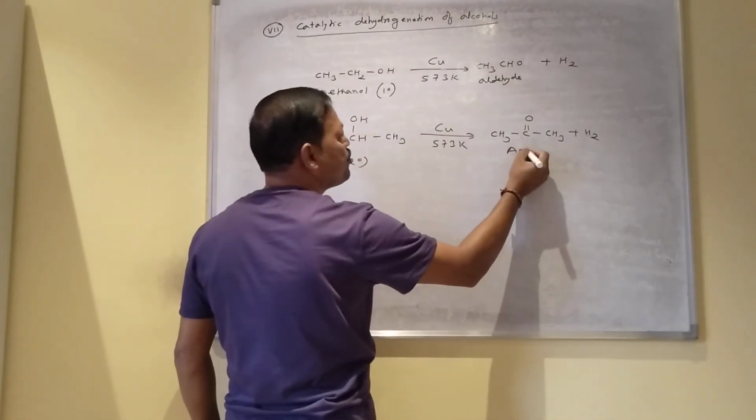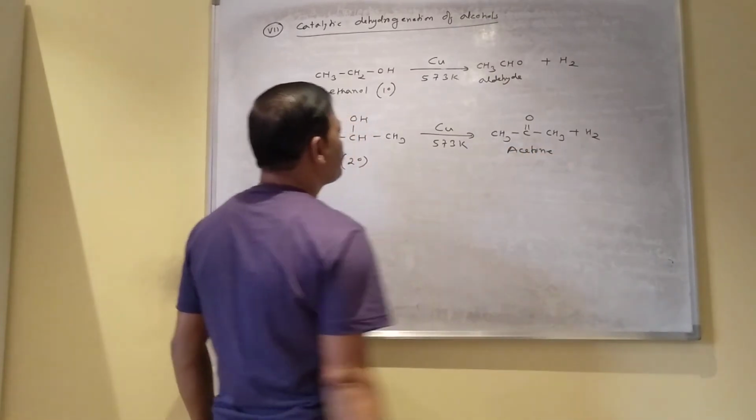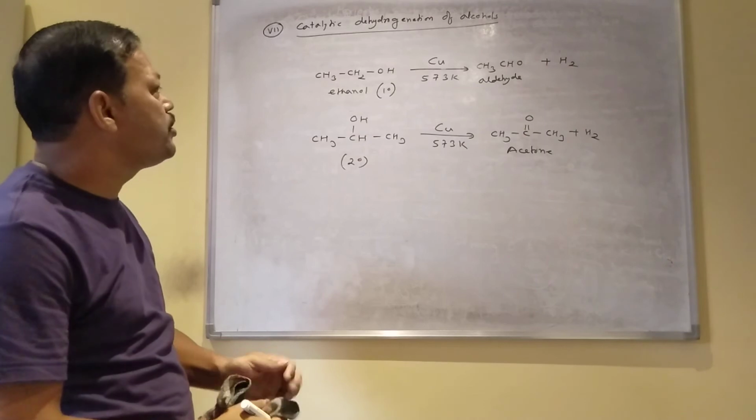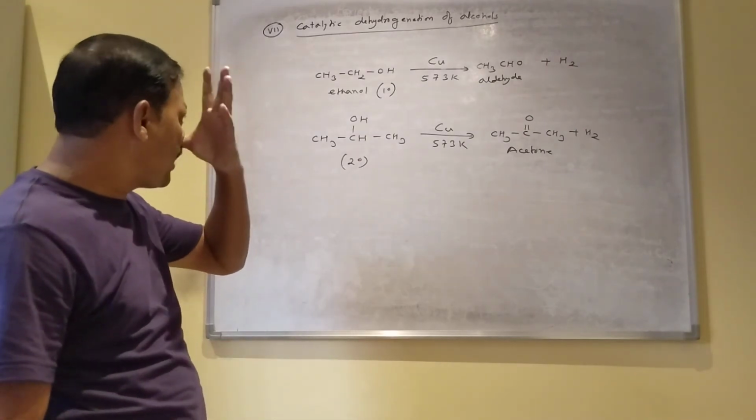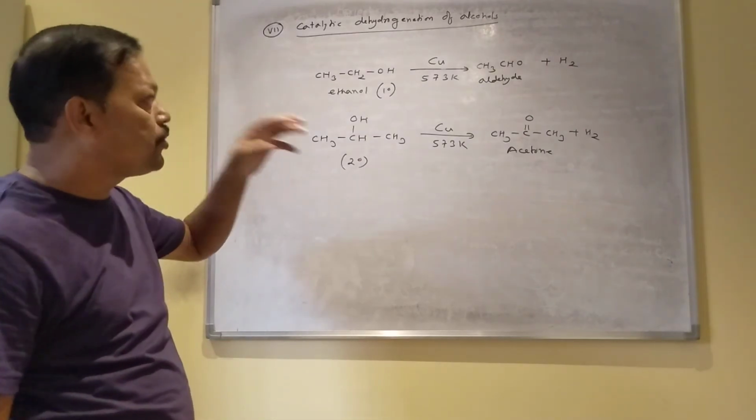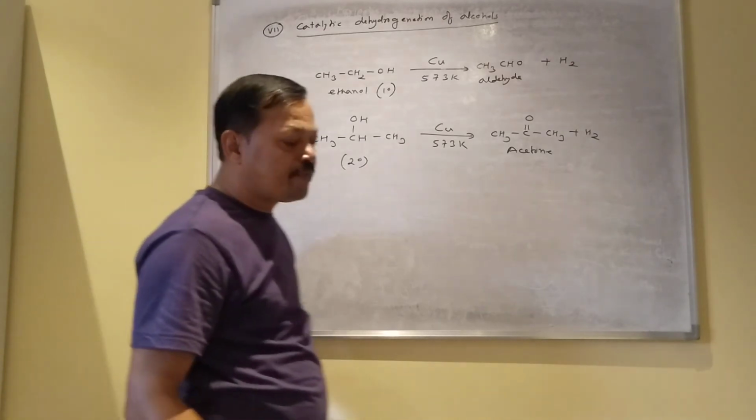This is called acetone or propanone. So when you do dehydrogenation by applying a catalyst, you also get aldehyde and ketone.